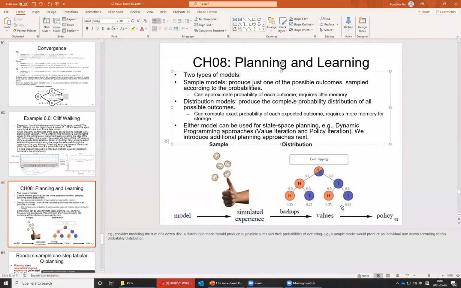Here, this is describing the possible outcomes for 2 coin flips. So either model can be used for state space planning, dynamic programming approaches such as value iteration and policy iteration. When we discussed MDPs before, we were discussing distribution models, but sample models are also fine.